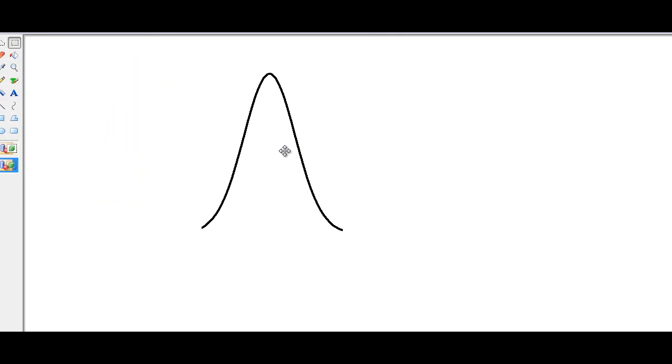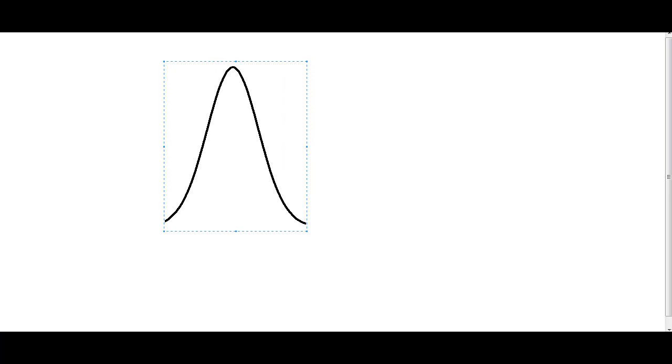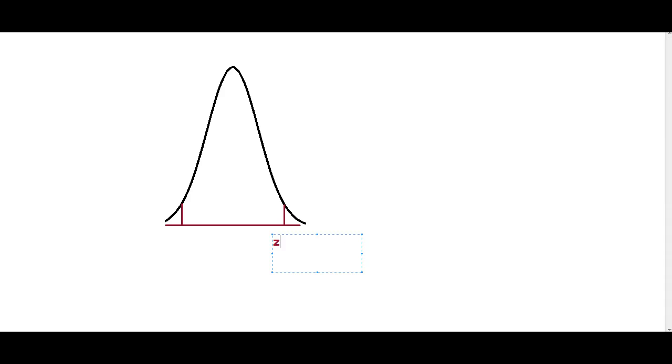This is what we are talking about, right, Brogan? So we have to find Z star, right? We have to find the Z star.